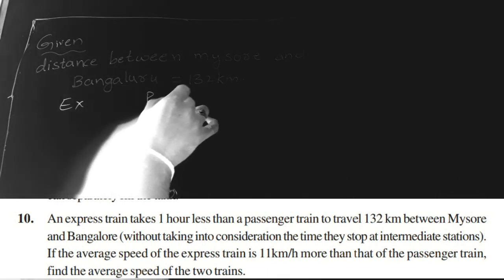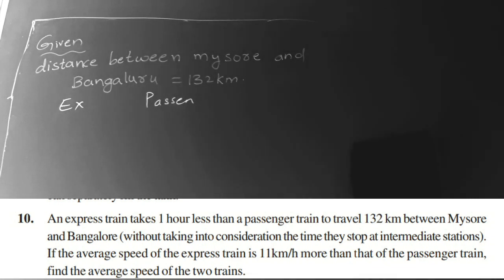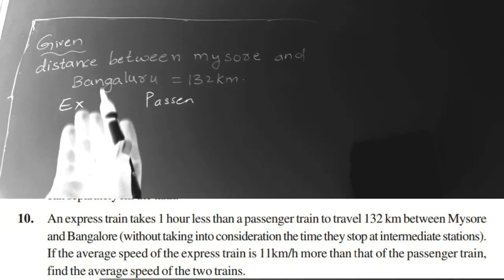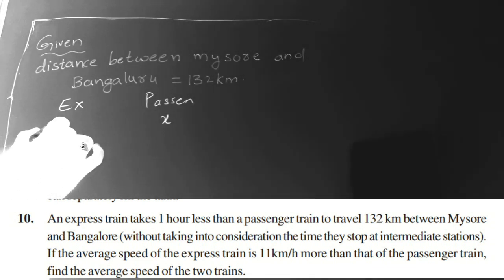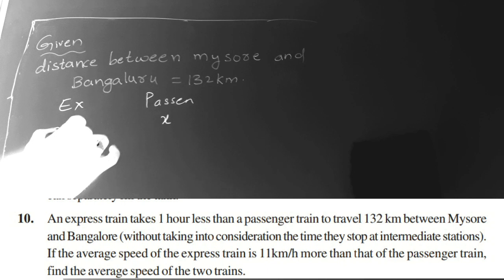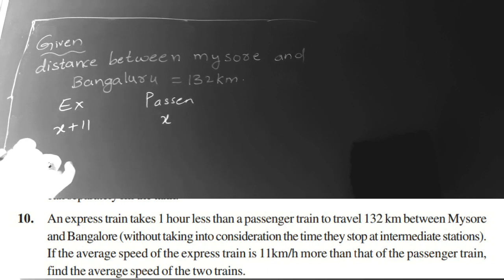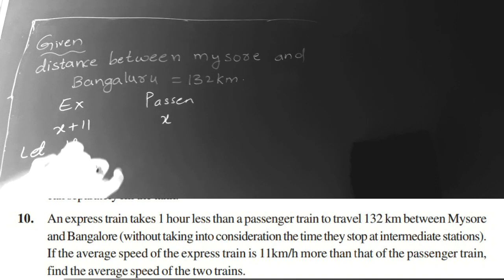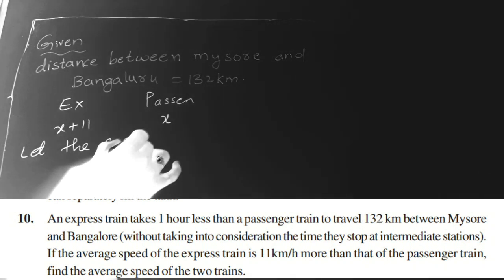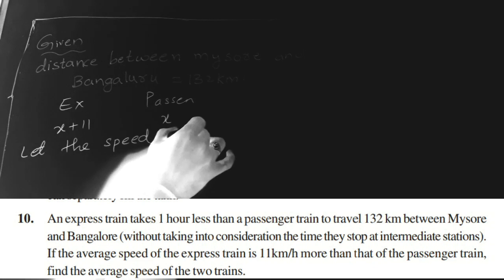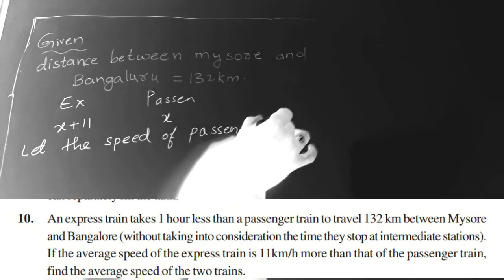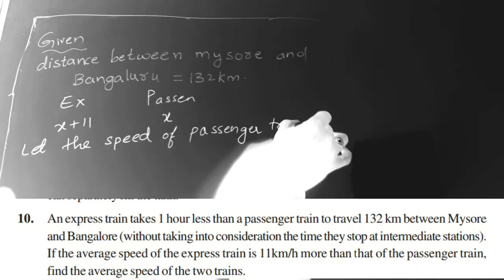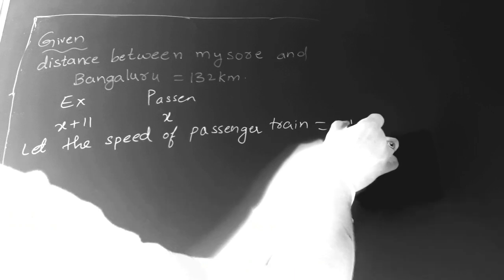Okay. So it says that the speed of the express train is 11 km per hour more than the passenger train. So let the speed of the passenger train be x. So now the speed of the express train will become x plus 11. So let the speed of the passenger train be equal to x kilometer per hour.